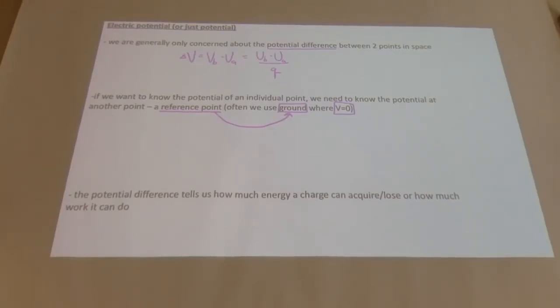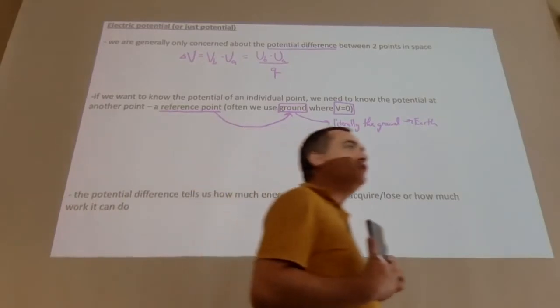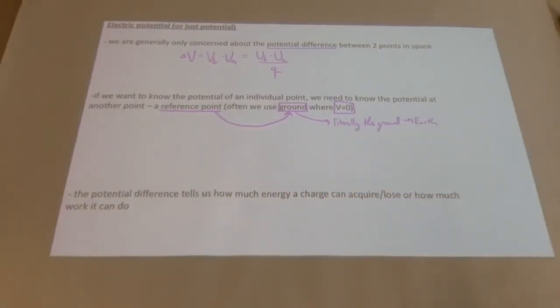And by the way, ground, we're gonna do circuits and stuff later on. Typically this thing, ground, is literally the ground, meaning Earth. It turns out that the Earth is basically an infinite reservoir of electrons, of charge. I can send it a few more charges or I can take a few out of it, and it doesn't care so much. It's negligible to something the size of the Earth.